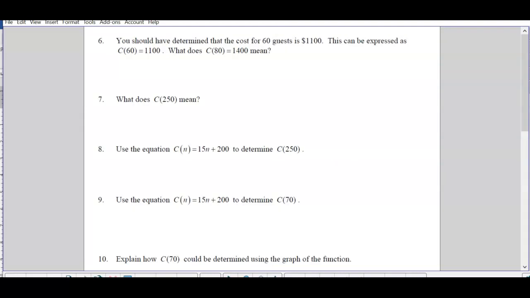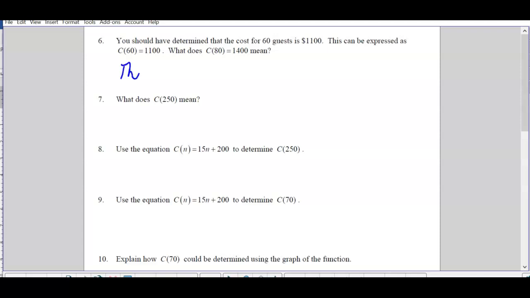Okay, so some more questions to do with this example. You should have determined that the cost for 60 guests is $1,100. If you look at your chart, it is. This can be expressed as C of 60 equals 1,100. So it saves some words, right? What does C of 80 equals 1,400 mean in the context of this application?